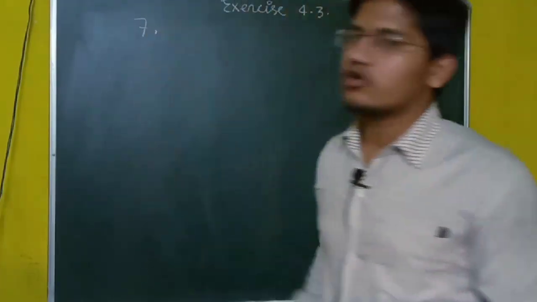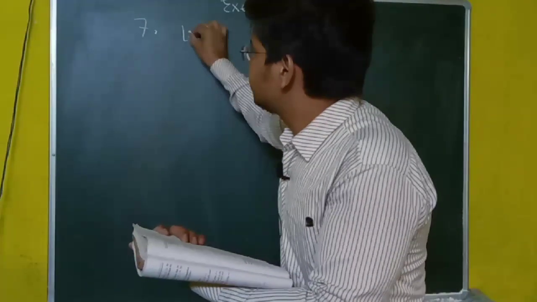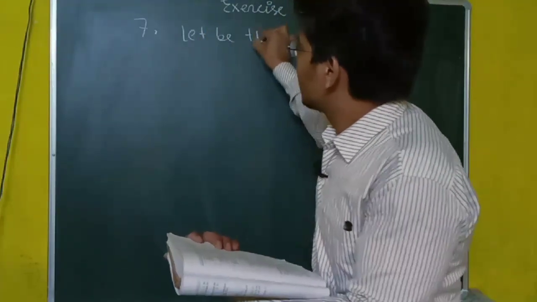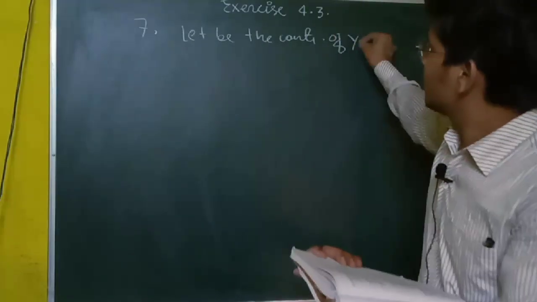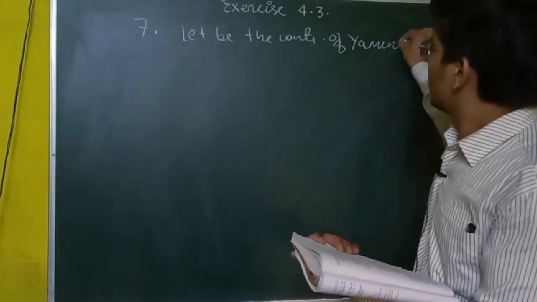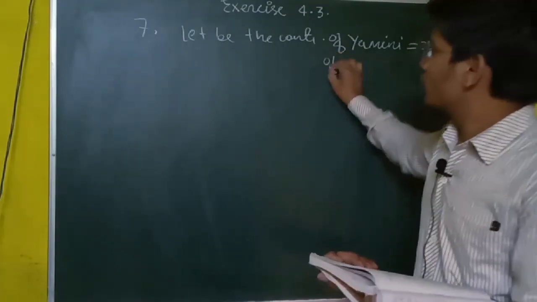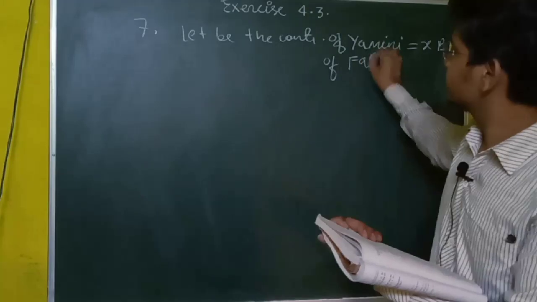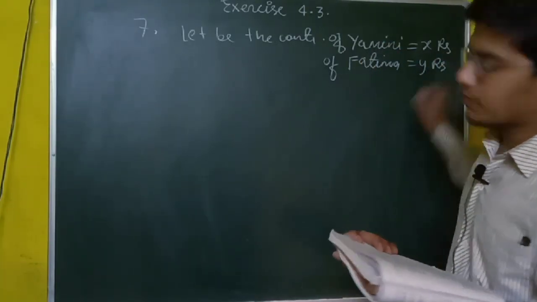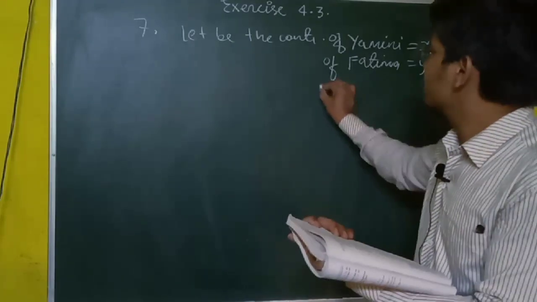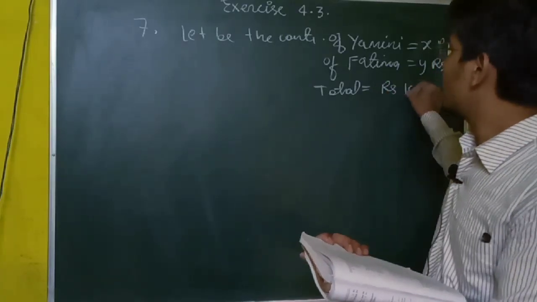So in this question, two friends are there. The first one is Yamini. So let the contribution of Yamini equal x rupees and the contribution of Fatima equal y rupees. Now the total contribution, according to the question, is rupees 100.